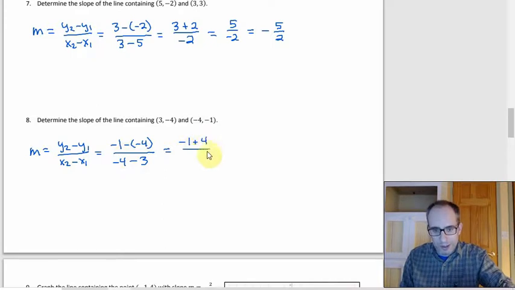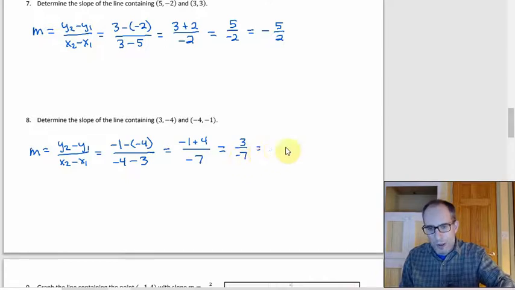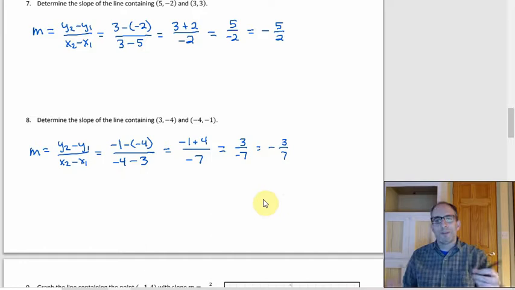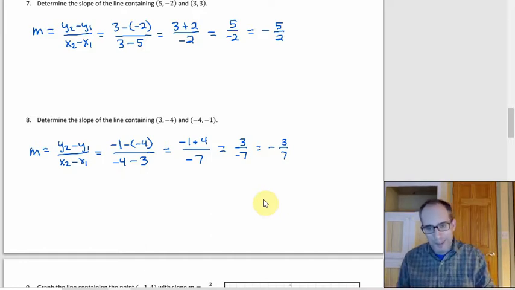Since we're subtracting a negative. And then down here, negative 4 minus 3 is negative 7. So negative 1 plus 4 is 3. So this is 3 over negative 7, or the more common way to write it with the negative out front, negative 3/7. Yep, we got a fraction again, but it wasn't an improper fraction that time.